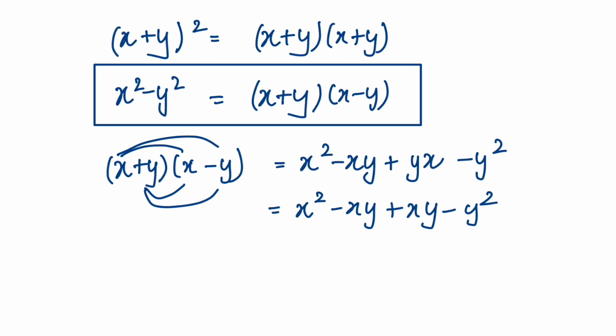Since minus xy and plus yx get cancelled, you are left with x squared minus y squared. Okay, so that is how you come up with this identity, that is x squared minus y squared is equal to x plus y into x minus y. Again, the x and y really don't matter, you can have any variables that you desire.